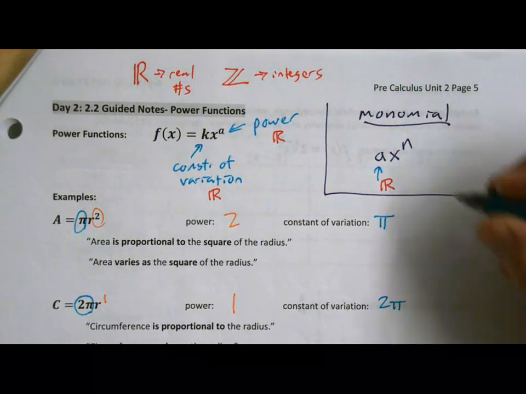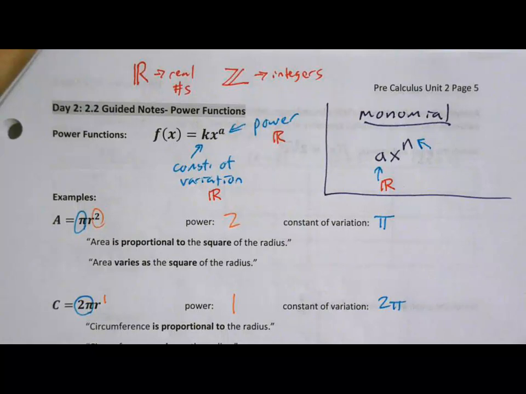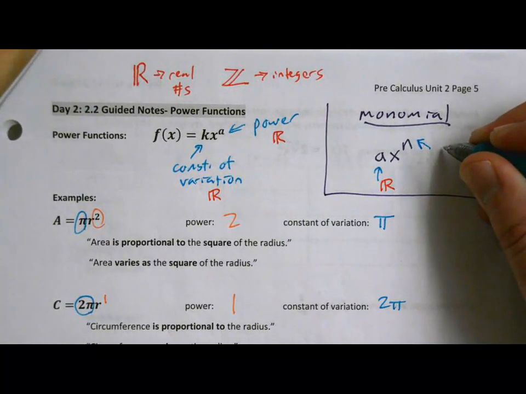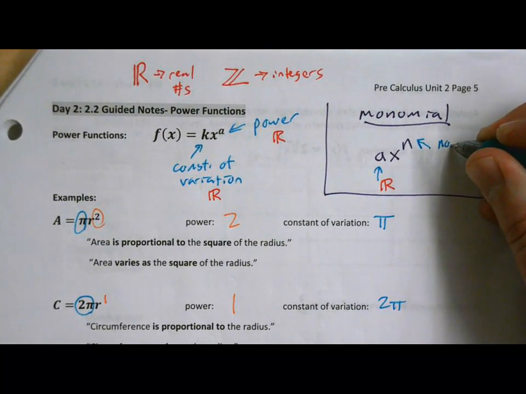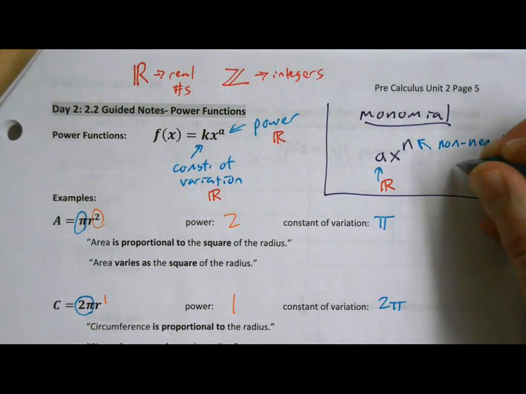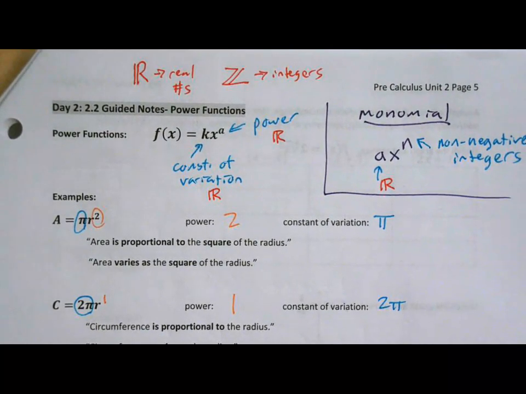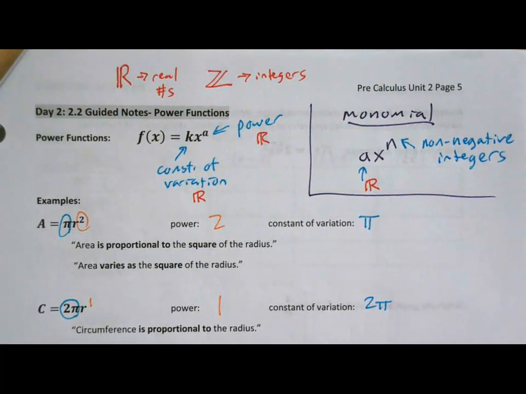But the rule for n is different for a monomial than it is for a power function. A monomial can only have non-negative integer values for n. Non-negative integers. Why didn't I just write positive integers?